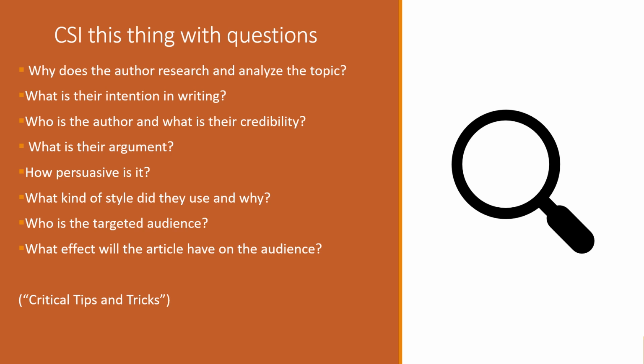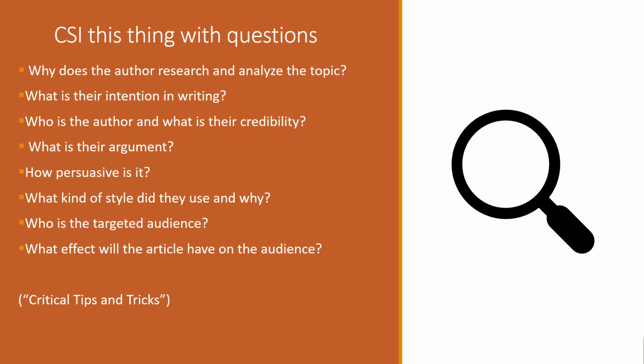So when you're evaluating a piece of rhetoric, or even if you're just evaluating something as a source for a paper or for your own personal education, you want to think about some of these questions. First of all, why is the author even talking about this topic? What is their intention? What is their credibility or their ethos? You want to think about their argument, again, not whether or not you agree with it, but how persuasive they are about it.